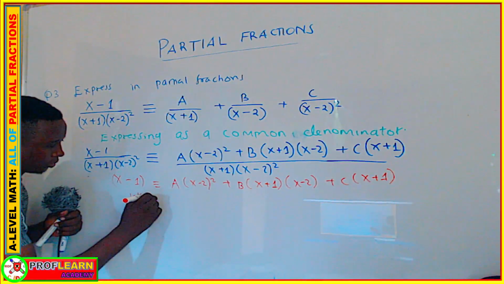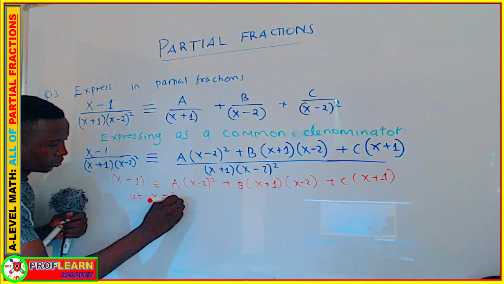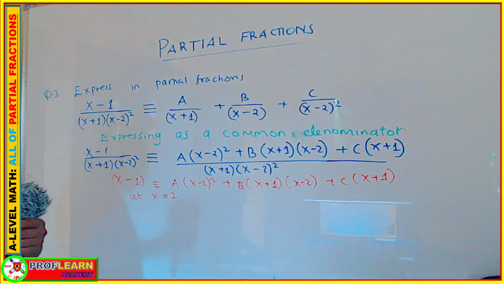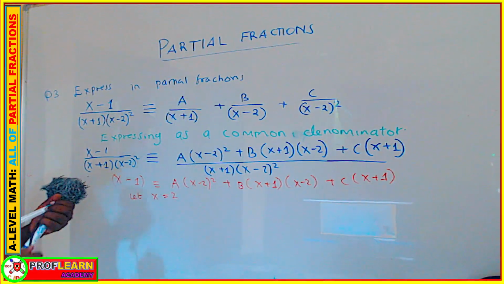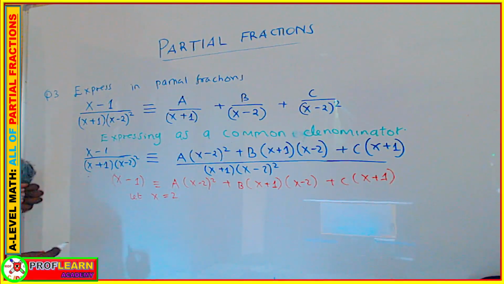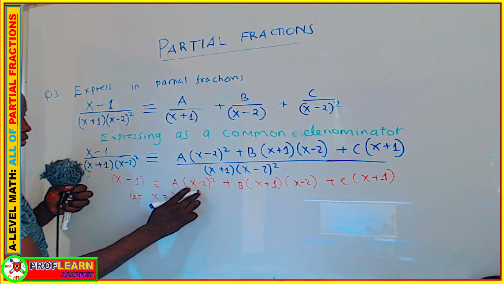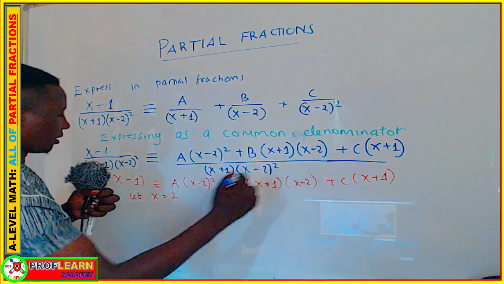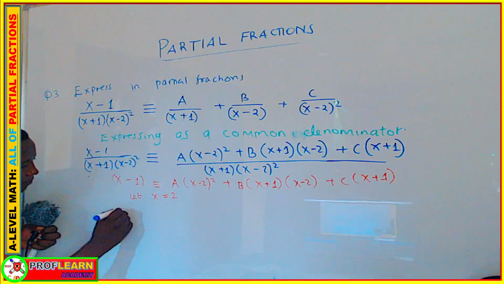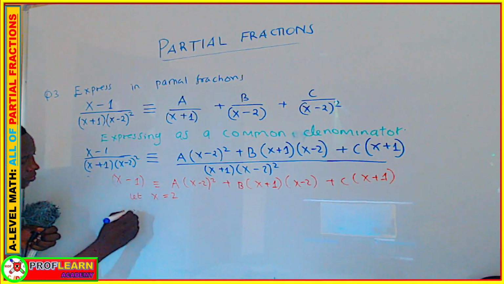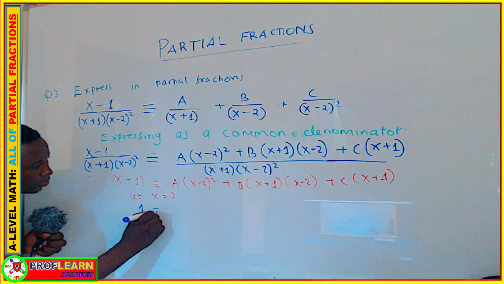So we need to start by trying to see, if we let x be equal to 2, which terms are eliminated? Let x equal 2, you realize that the terms where x minus 2 appears become 0, so we are going to remain with 2 minus 1, which is 1. We shall form an equation.